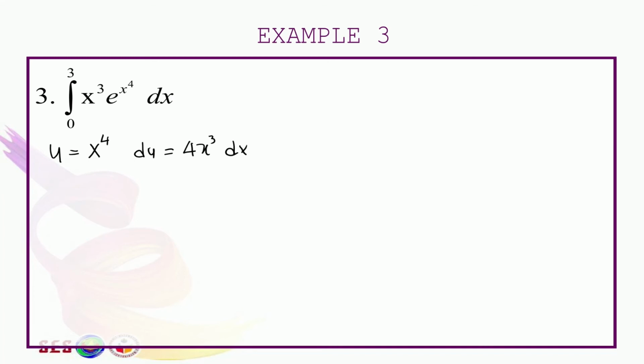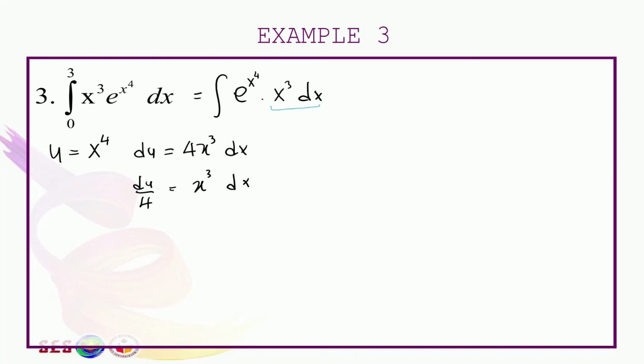When we rearrange the function, we have e to the power x to the power of 4 multiplied with x cubed dx. In order to get x cubed dx, we need to divide du by 4. So we have du over 4 is equal to x cubed dx.